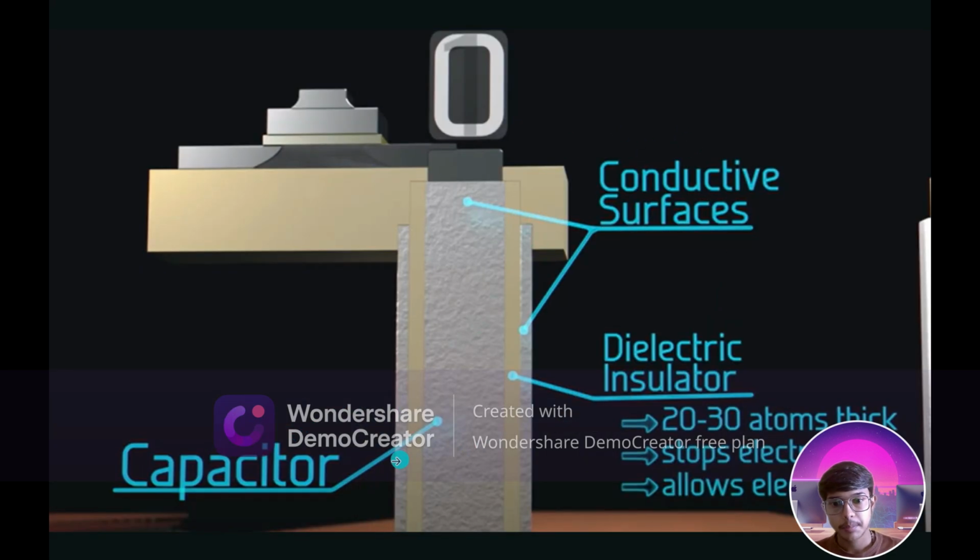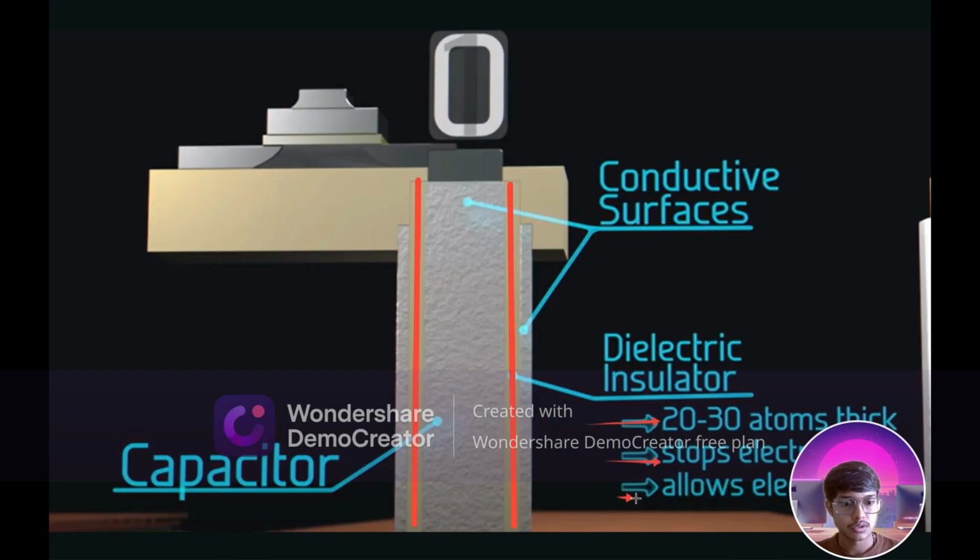Now capacitors are structured like this, in which these two lines are insulated, a dielectric insulator, with a thickness of 20 to 30 atoms.